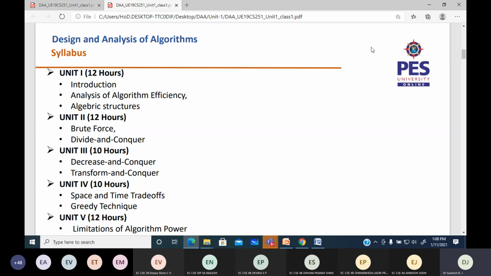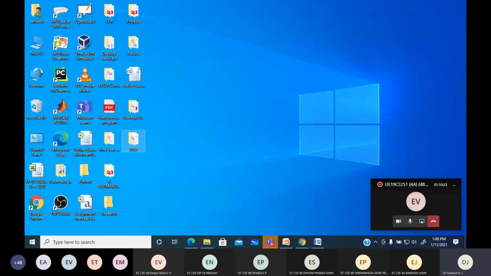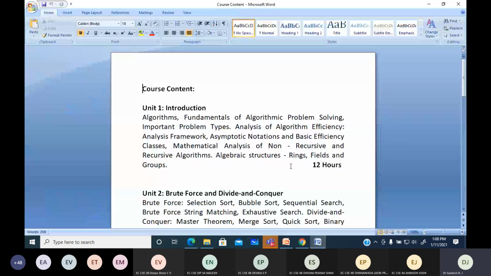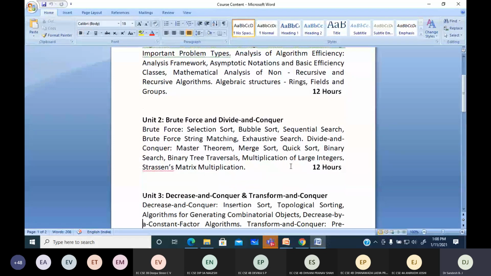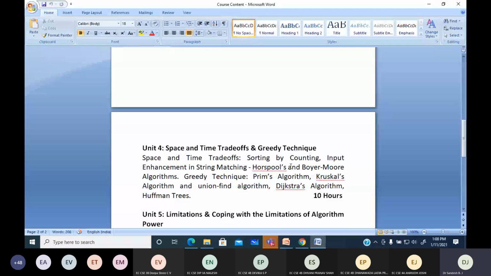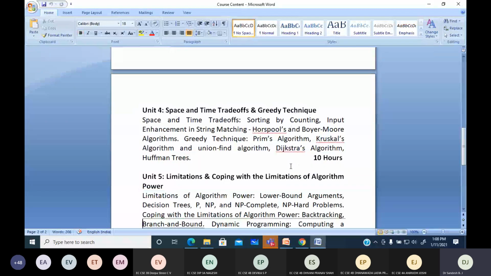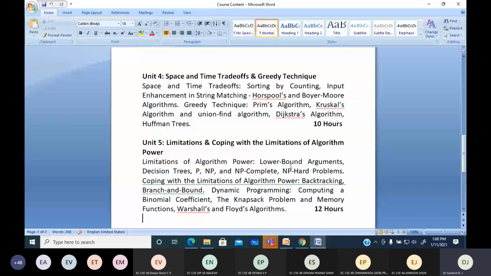The detailed syllabus or course contents, I'll show tomorrow. With the introduction, unit 1; unit 2 is brute force and divide and conquer. Unit 3 is decrease and conquer, transform and conquer. Unit 4, space and time trade-offs and greedy technique. The last one is limitations and coping with limitations of algorithmic power.